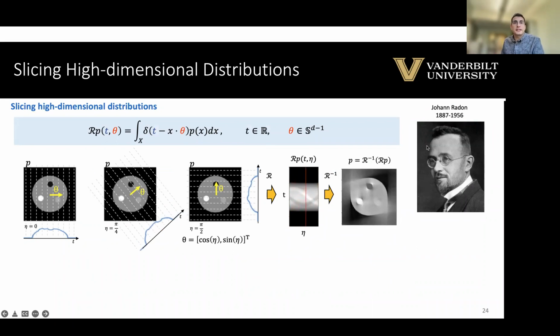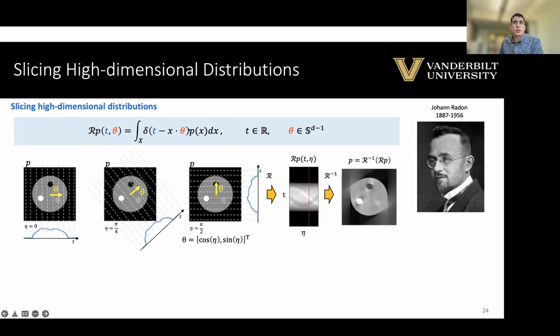The idea there is that we can always slice high dimensional distributions into their one-dimensional marginals, infinitely many one-dimensional marginals. And then we can also recover the n-dimensional distributions from these infinitely many one-dimensional marginals. Okay, so that's the idea proposed by Radon, which we use in computational tomography almost everywhere these days. So how do we formulate this?